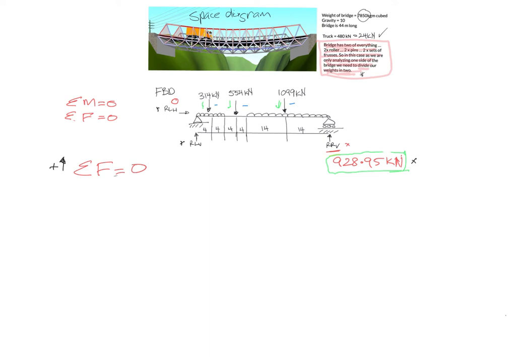Now you can see what that means: every force that is going up is going to be positive, and every force that is coming down is going to be negative. So now I can start working this out.